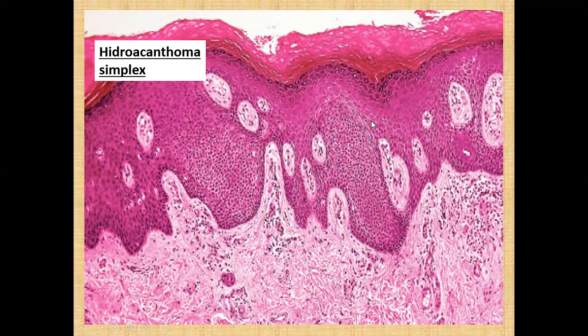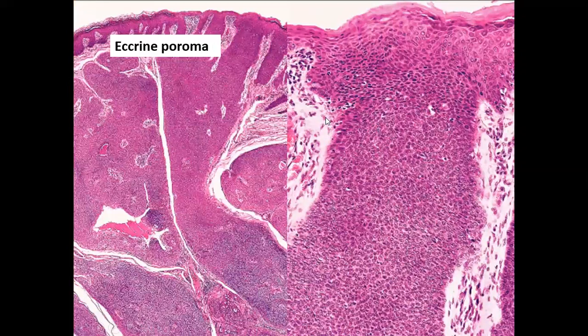So hidroacanthoma simplex is also seen within the epidermis. The eccrine poroma is different from hidroacanthoma simplex in that it originates from the epidermis, but these strands of poroma cells are seen infiltrating into the dermis.